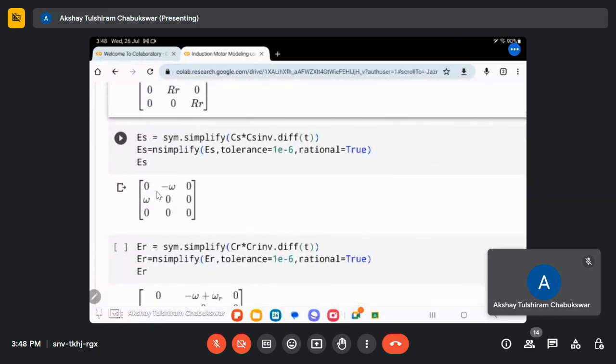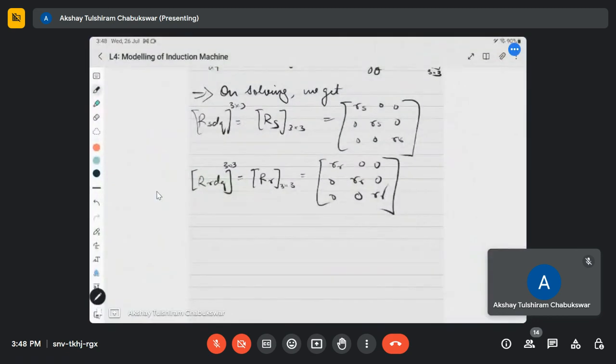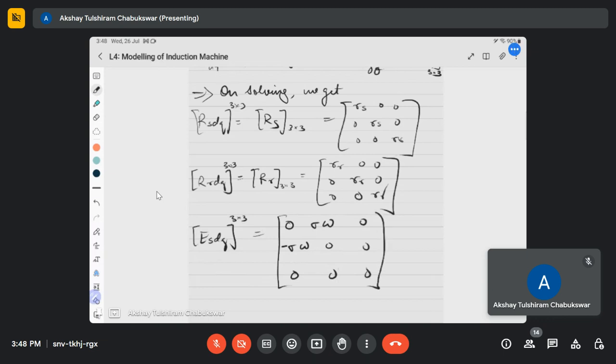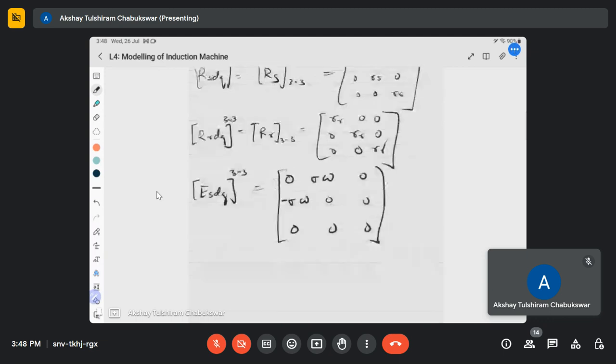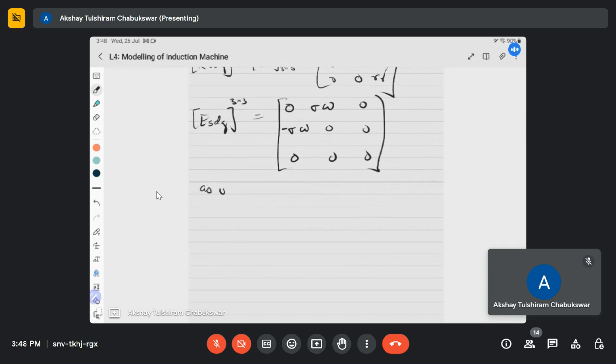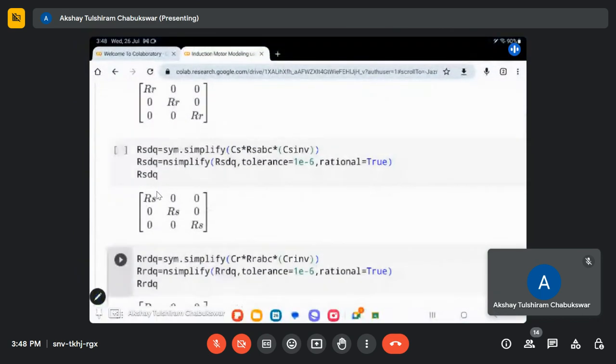So here, what I got is ES in DQ, which is a 3 cross 3: 0, sigma into omega, 0; minus sigma into omega, 0, 0; 0, 0, 0. Here, as per the third convention, what was the sigma?